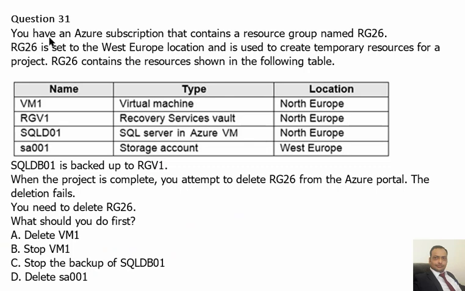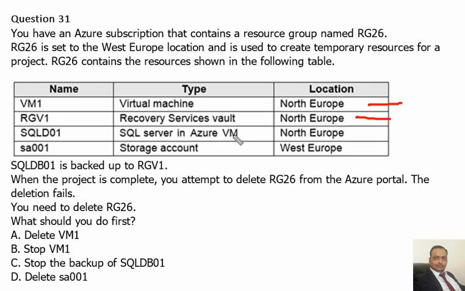Question number 31. You have an Azure subscription that contains a resource group named RG26. RG26 is set to the West Europe location and is used to create temporary resources for a project. RG26 contains the resources shown in the following table. So VM1 is in North Europe, a virtual machine, and a recovery service vault in North Europe.